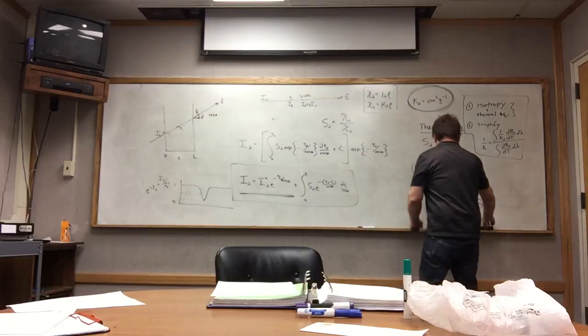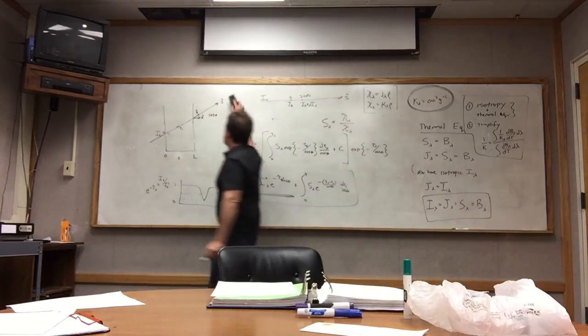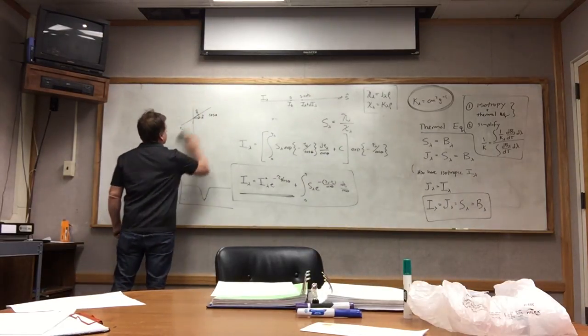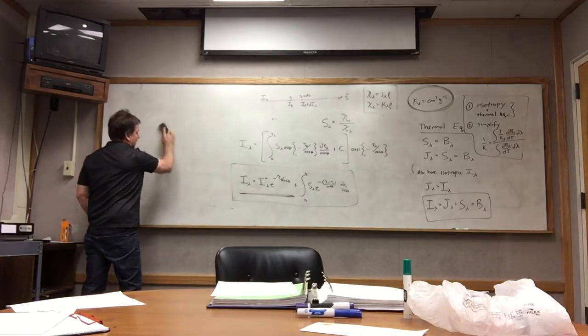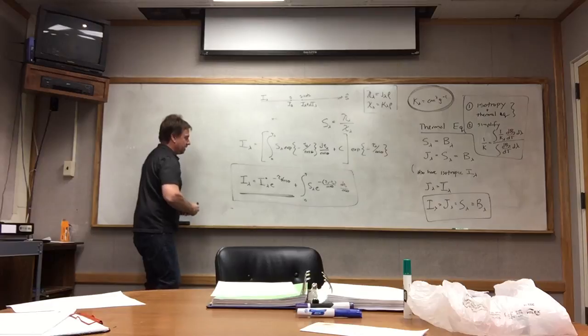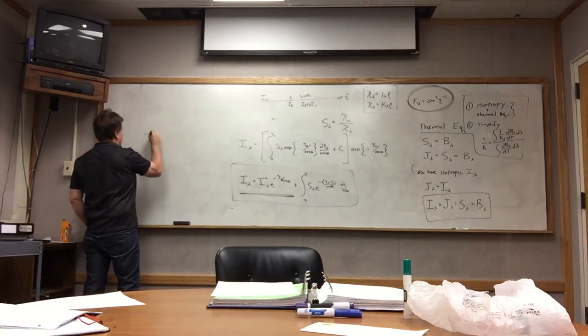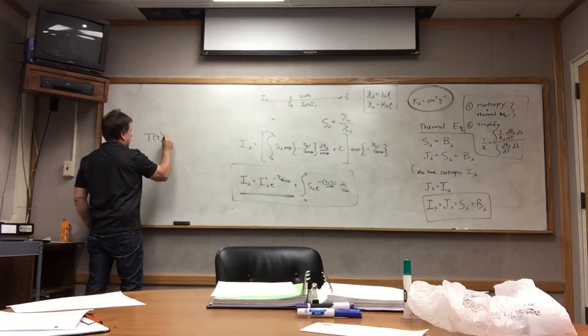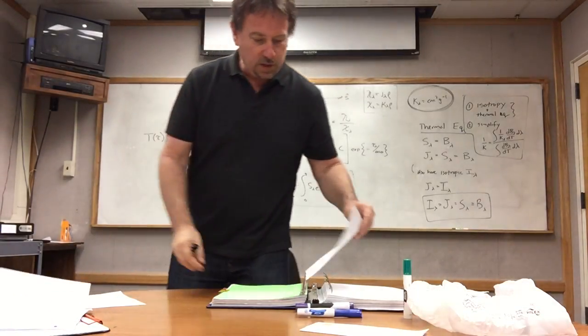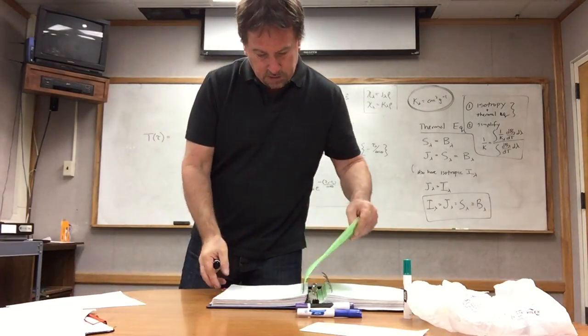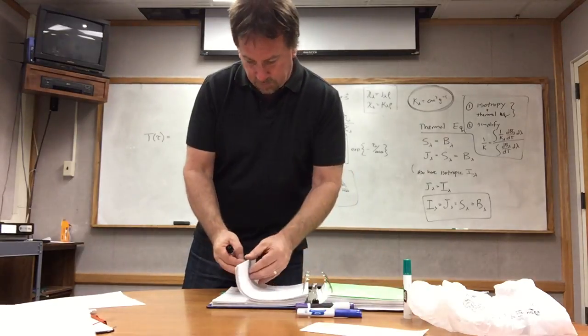And let me give you the punchline now, since I've got you. And actually, on the notes, call this the punchline. And I just want to make sure I get it right. But I think it's something like 3/4 times T effective to the fourth.